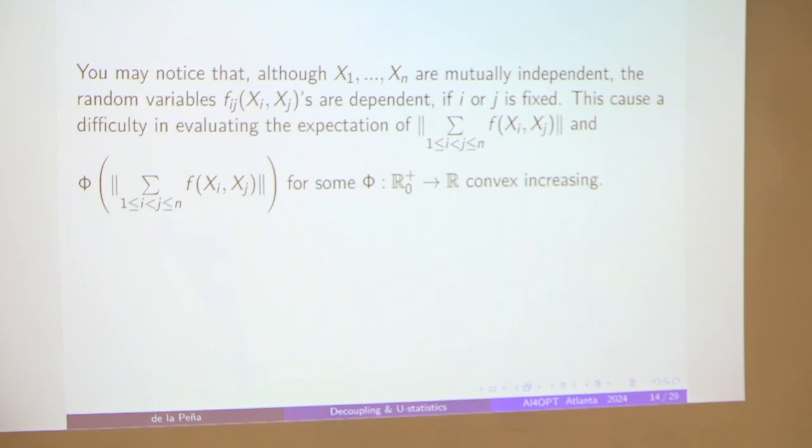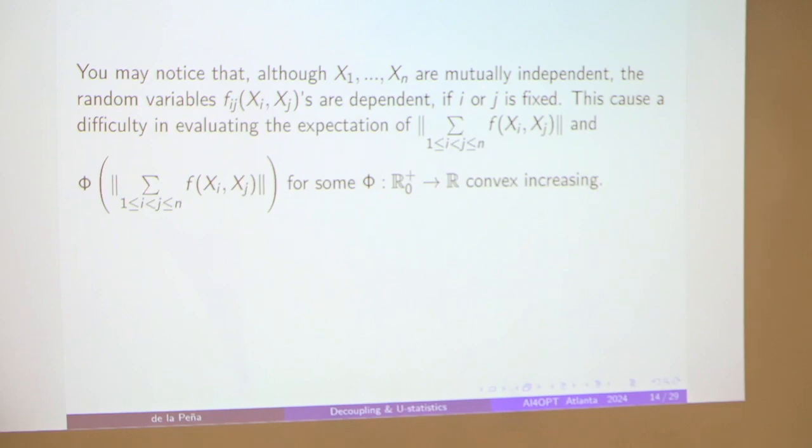So even though x1 up to xn is a sequence of independent variables, the sequence of f_ij(xi, xj) is a sequence of dependent variables if i or j is fixed, right? Because f of x1, x2 is dependent with f of x1, x3.